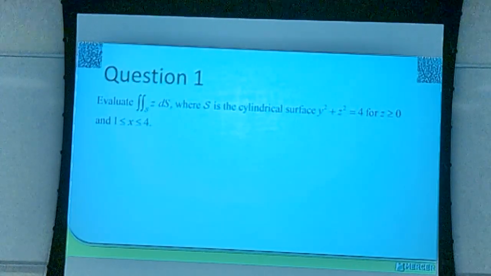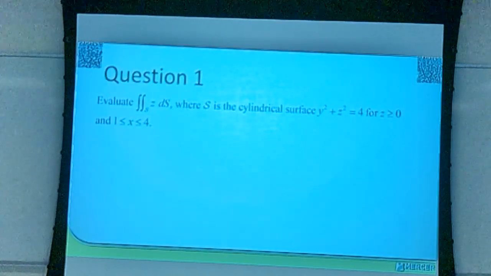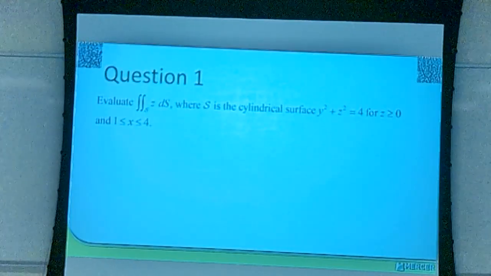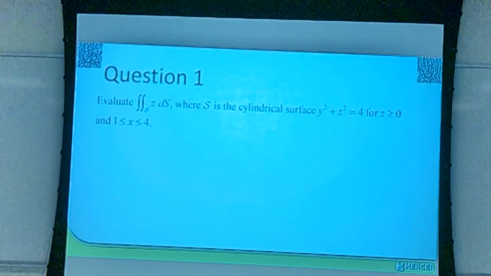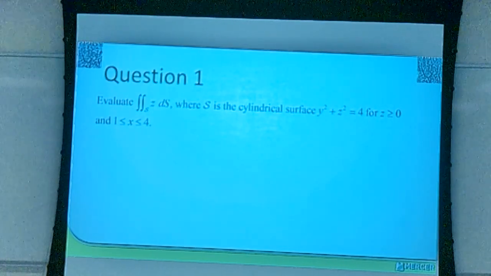So y squared plus z squared equals 4 is the right circular cylinder that goes along the x-axis, so it's coming out at you. And we're looking at only the surface from x = 1 to 4, and actually only the upper surface, because z has to be non-negative.